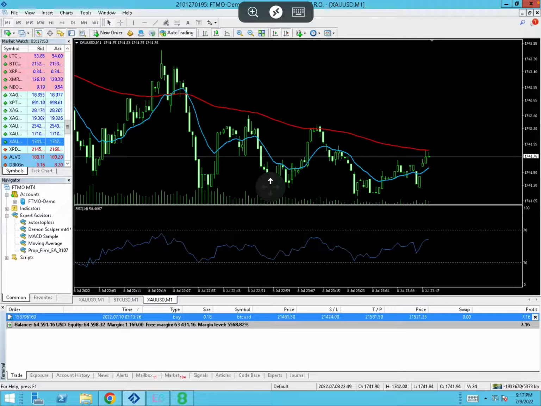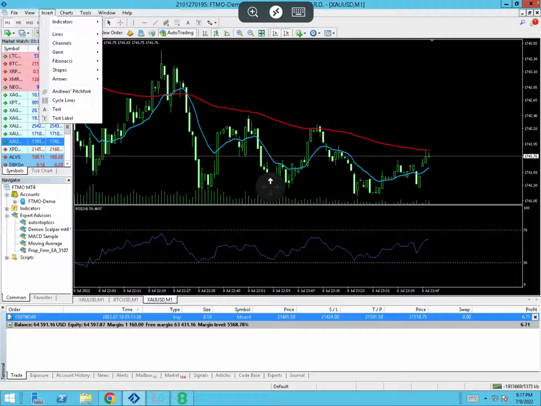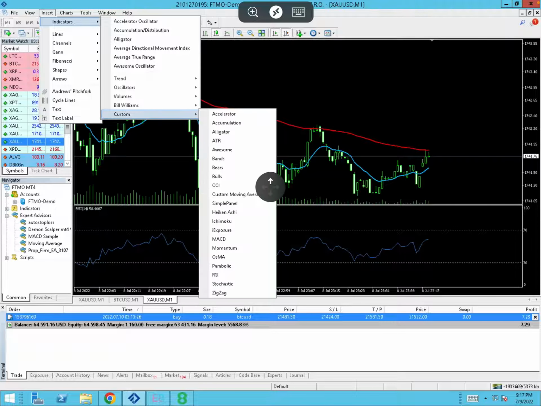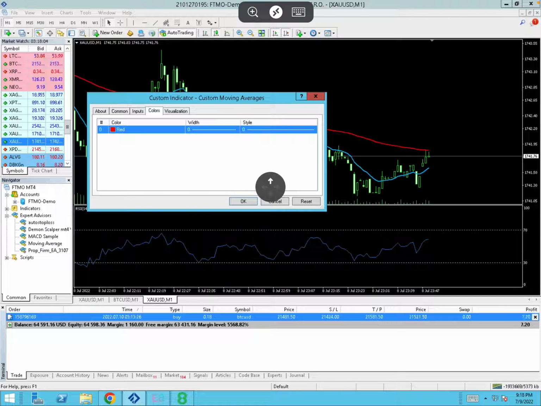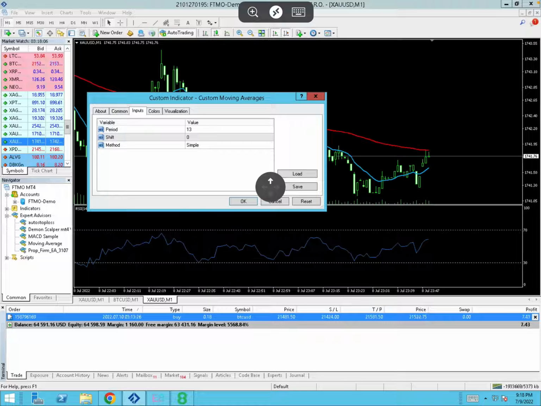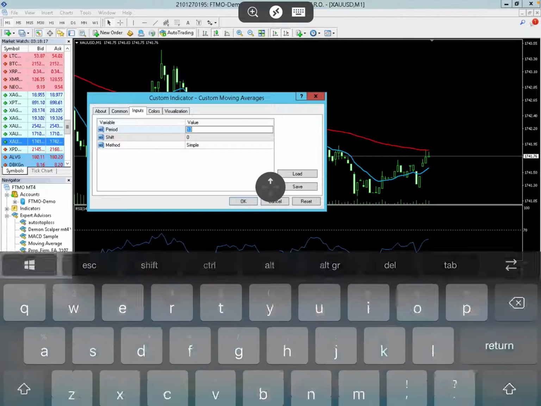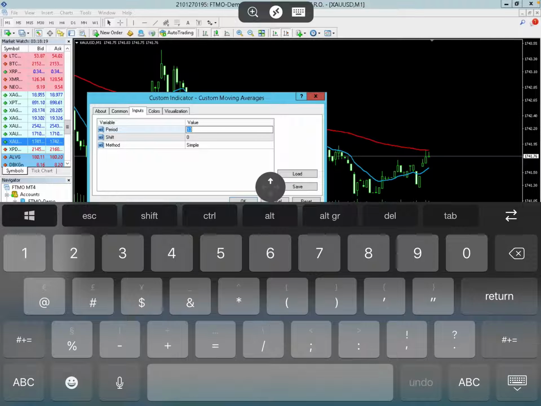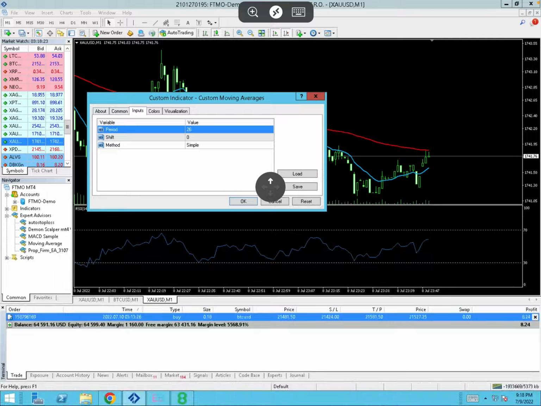Now, we want to do our third line. How do we do it? Insert, indicators, custom moving average. Now, as shown in the description, the orange line is to be set at the time period of 26. Okay, good. We'll just go 26, enter.